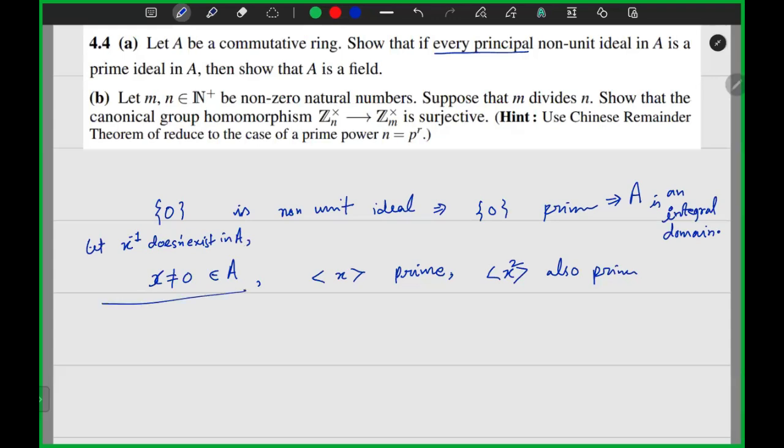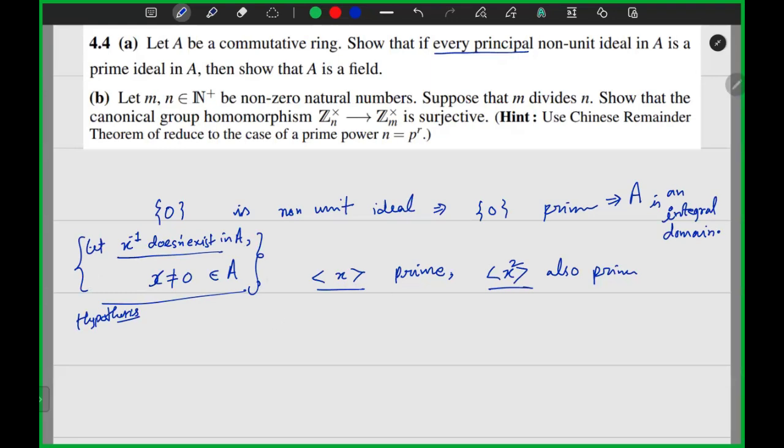We are picking x non-unit. Otherwise, this ideal x square and all of this will become A, and that we don't want. Now we'll get some contradiction. If such an x inverse does not exist for an element, we'll get some contradiction.